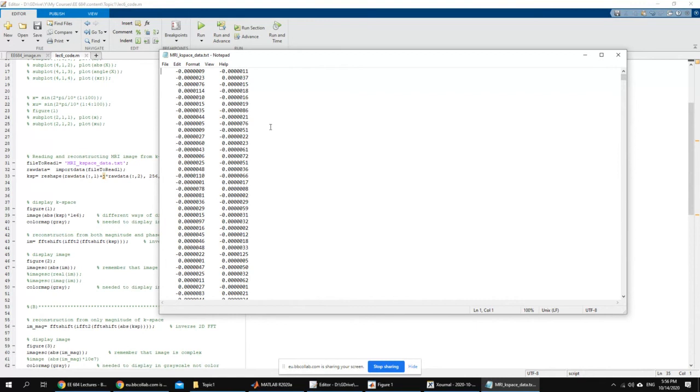One very important thing, we all took medical imaging courses, right? In the undergraduate, right? Okay, how do we collect real and imaginary data? We know that we can sample a signal, but usually the signals are real.